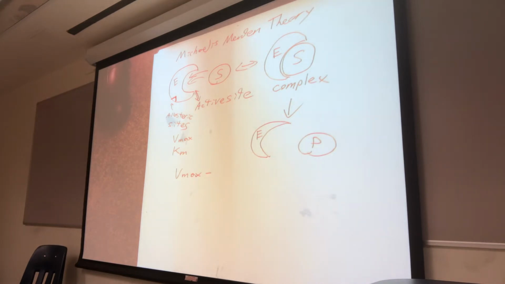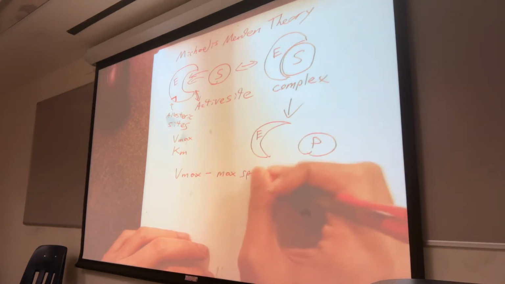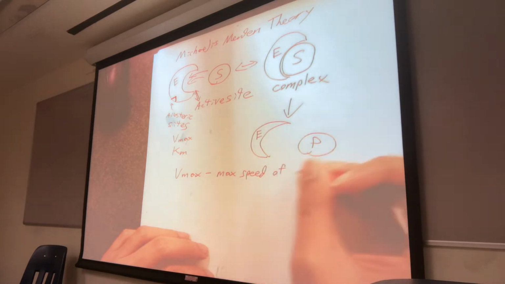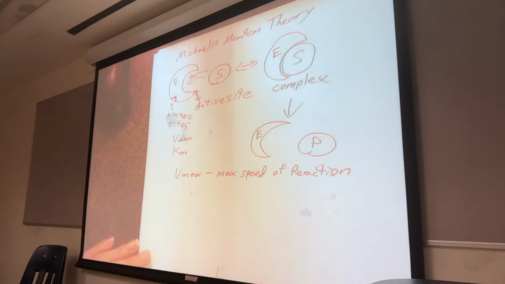It is the fastest possible speed at which the enzyme is able to catalyze this reaction. So that one's easy. Max speed of reaction. And the reason why there's a max speed is that enzymes are not infinitely fast. Eventually, if enough substrate is added, the enzyme will reach saturation. It won't be able to break down substrate any faster.